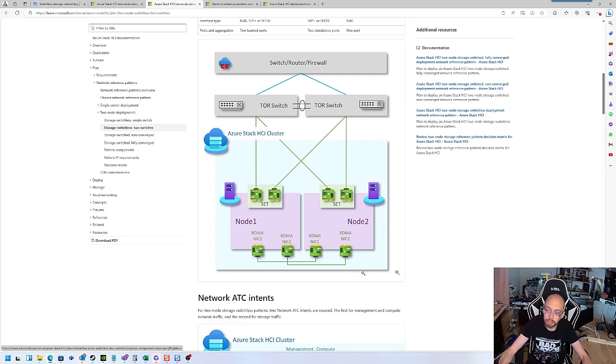The good thing here is you do not need to have a switch which supports data center bridging and RDMA, and don't need to have the 25 gig ports or a 10 gig switch, because the requirements for your compute, as long as you're not using software-defined networking, are much lower when it comes to those compute and management connections.